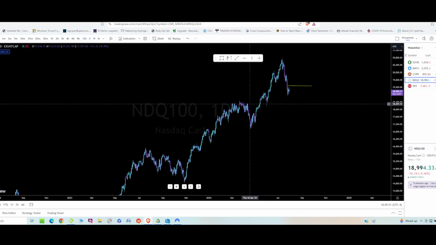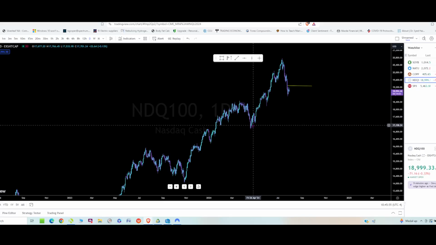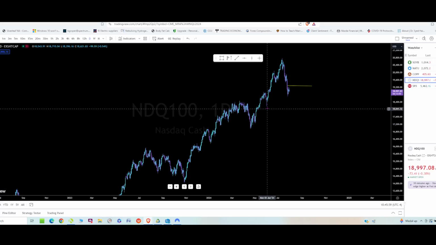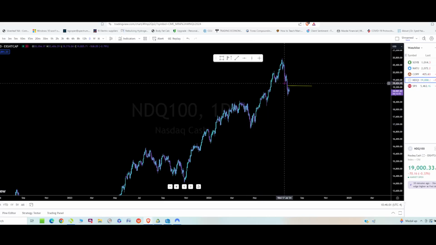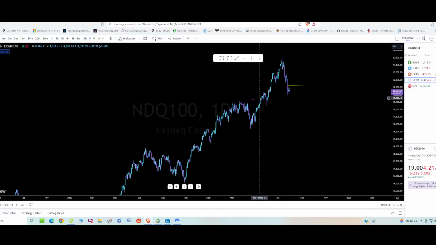But for NASDAQ, it looks a little bit more like a structure break. We had higher low, higher low, higher low, higher low, and then boom, we broke that structure right here, and now we're heading down to a potential lower high right here. So that's what I'm looking at right now, and to me, NASDAQ is a little bit more clear on that.